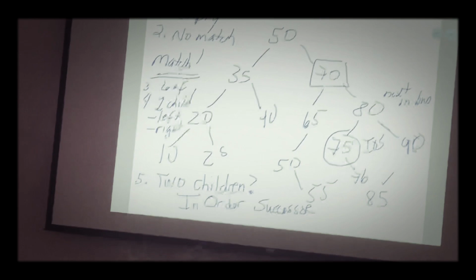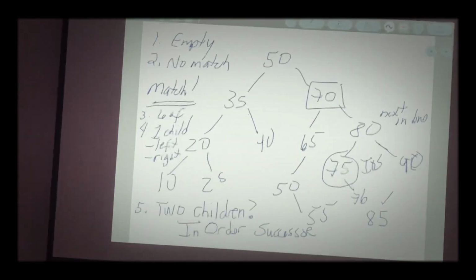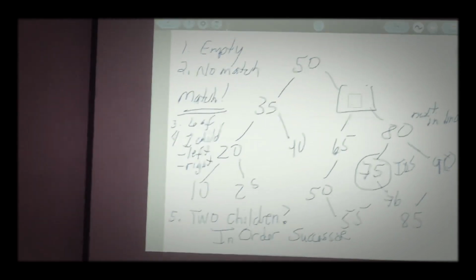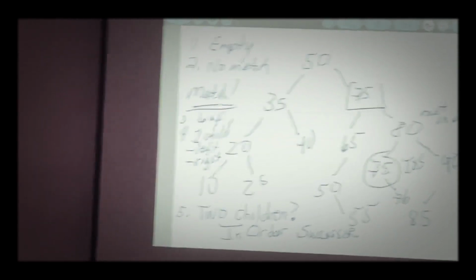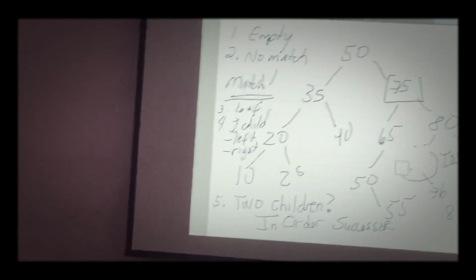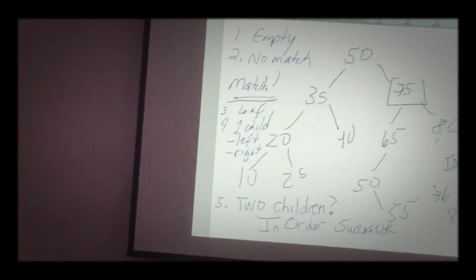So what we do, again, this is the overview. Thank goodness. We're going to move 75 up to its rightful throne. Oh, sorry. Okay, I'll stop. And we'll remove it out of there. I shouldn't do that.